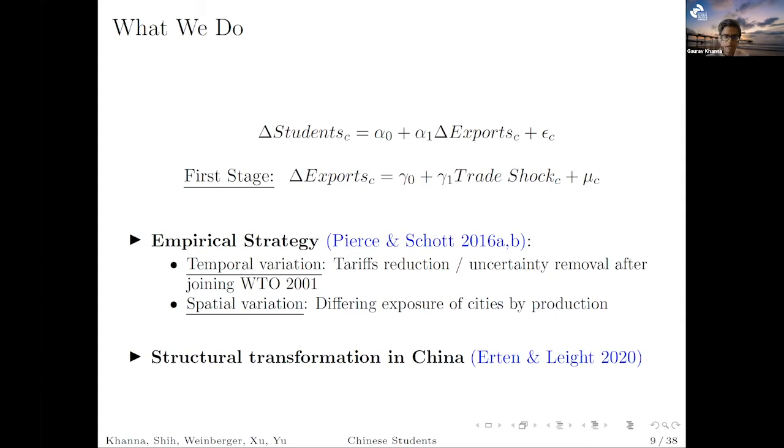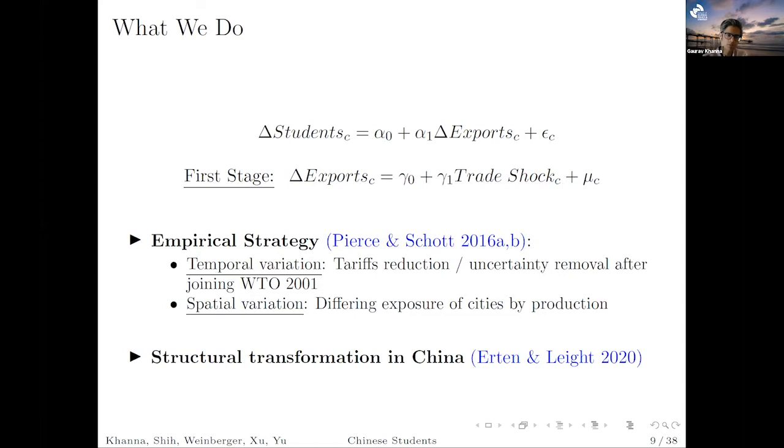It's extensively been used on the US side to look at the effect of the China shock on the US manufacturing sector. Autor, Dorn and Hanson are the first, I think, to use it. But the idea there is that there's essentially two types of variation that come from this trade shock. One is a temporal variation.